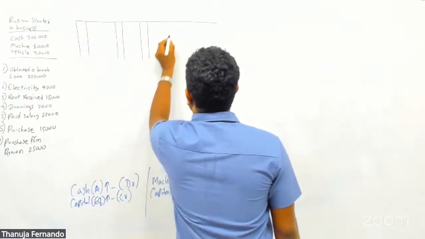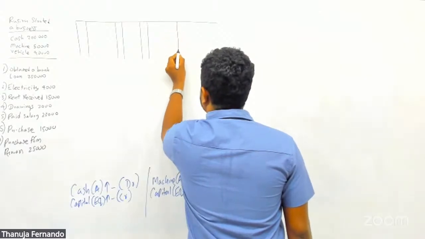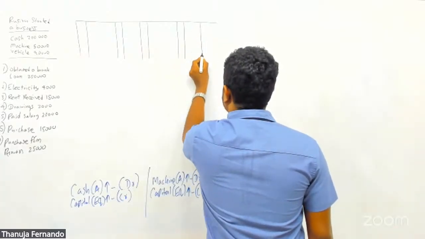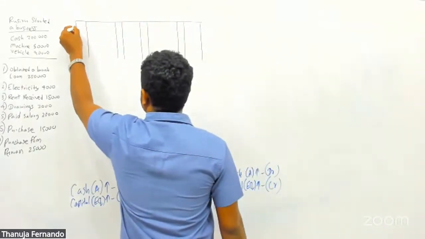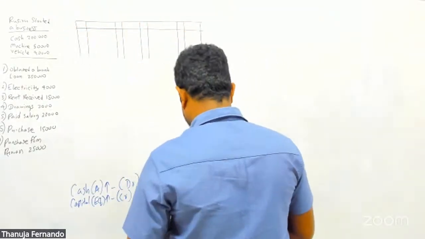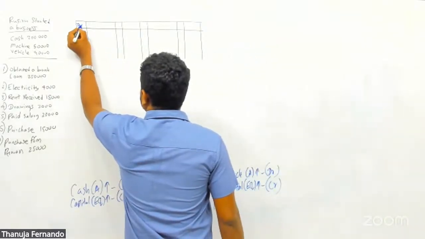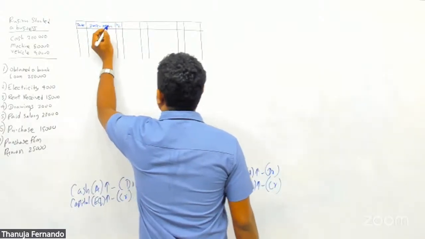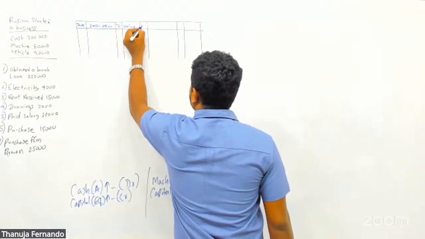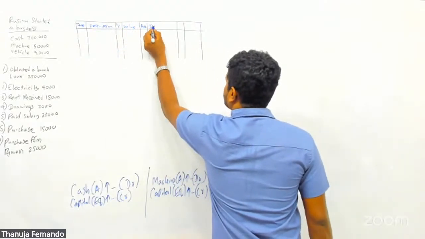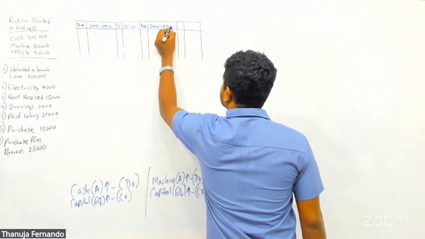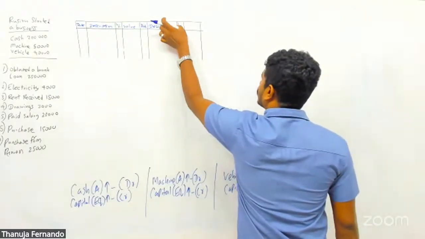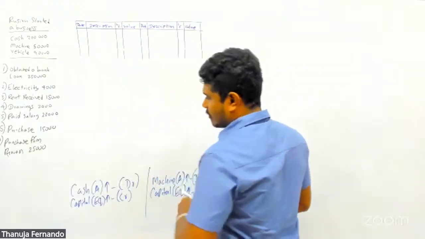Date, description, ledger folio, value. So for the first one, we need two accounts.